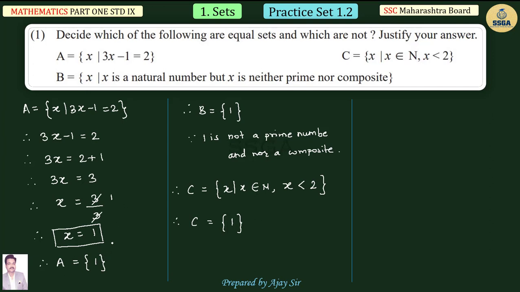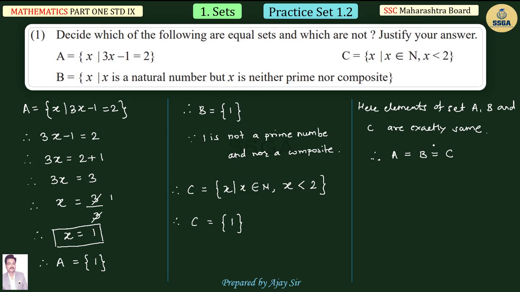All three sets A, B, C contain only one element, and the elements of sets A, B and C are exactly the same. Therefore A is equal to B is equal to C. So all these sets are equal sets. This is the answer, student.